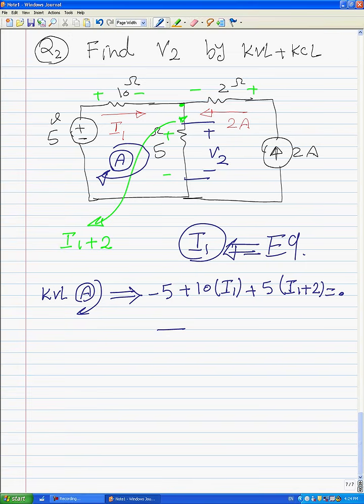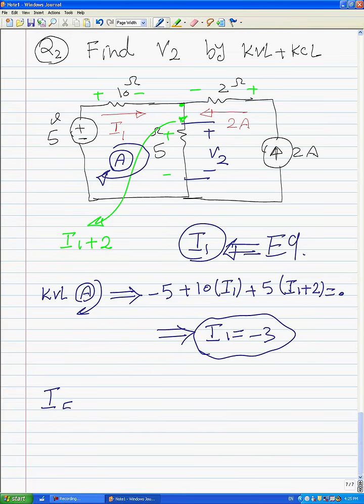Immediately we can find I1 is equal to minus 3. This is I1. Now, in order to find the voltage across the 5 ohms, V2, we first need to find the current of the 5 ohms.